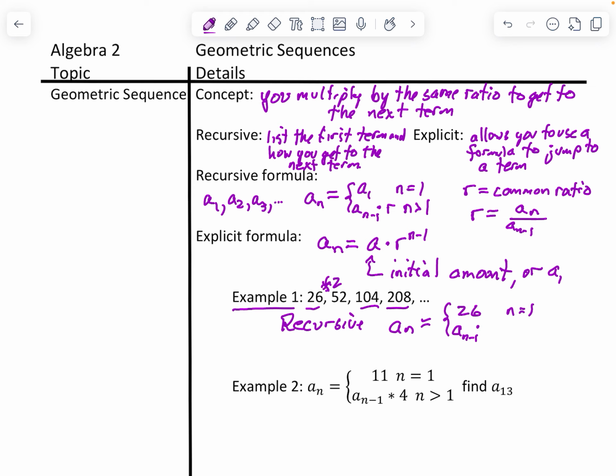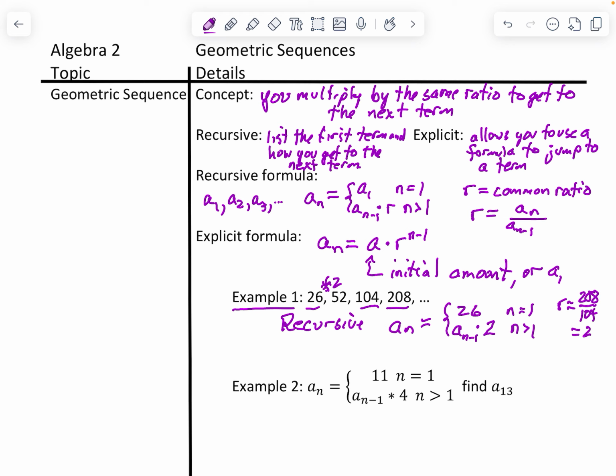Well, the number you always multiply by is 2. That's that common ratio for n greater than 1. So notice that we get that because you can get r by taking any two numbers in the sequence and taking the second one over the first, and you get that common ratio that you're multiplying by each time.